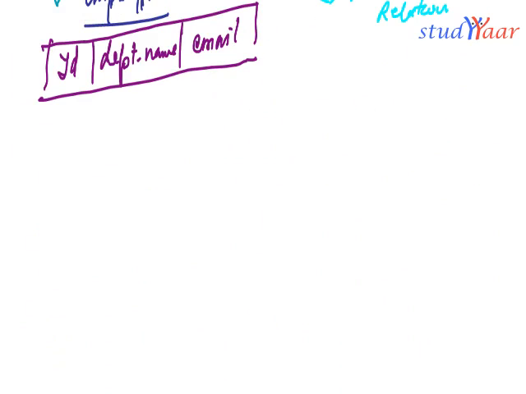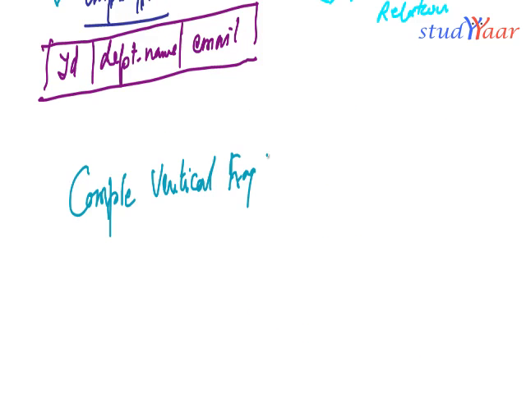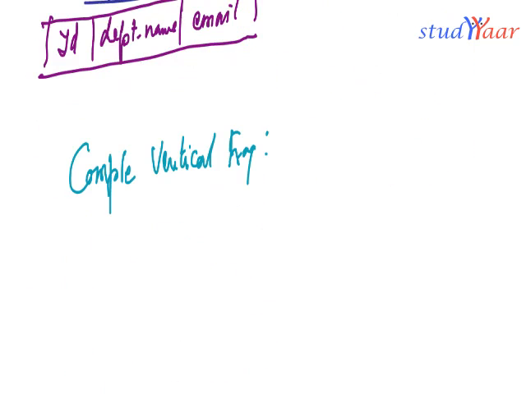So now let's look at what is a complete vertical fragmentation. Whenever we have fragments, each having a list of attributes, let's suppose L1, L2, L3, these are my fragments F1, F2 and F3.